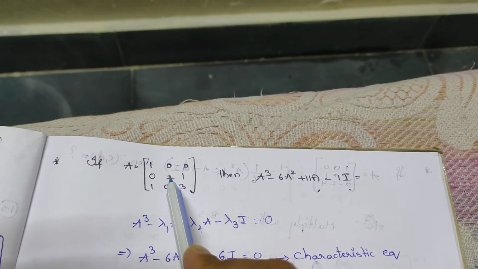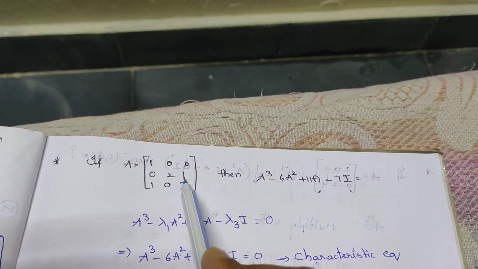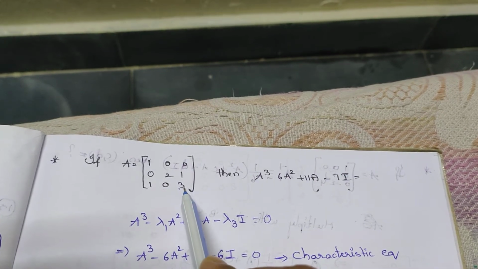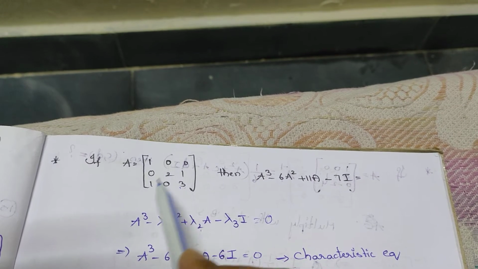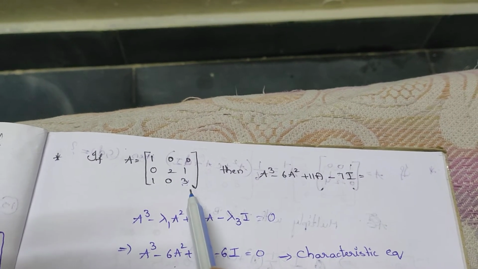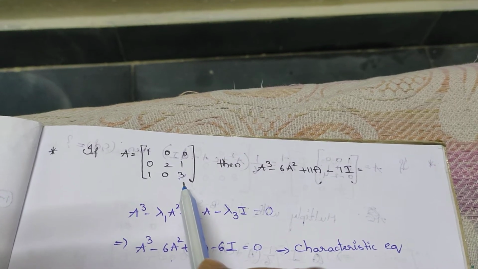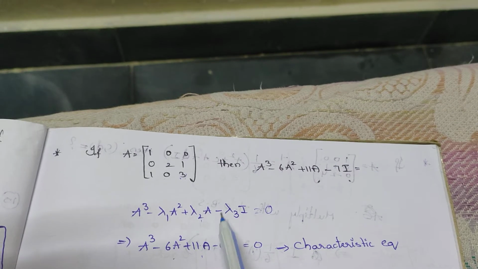The first is 1 into 2, which is 2. The next is 2 3s are 6 minus 1, 6 minus 0, that is 6. The last, 1 3s are 3 minus 0, 3. So 2 plus 6 plus 3, that is 11. So plus 11A.